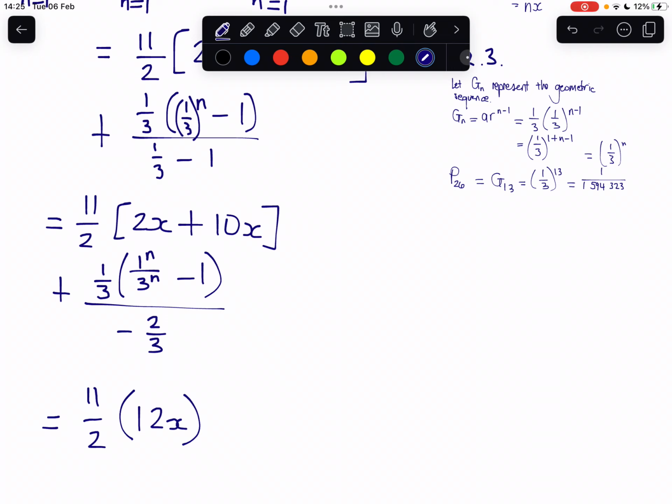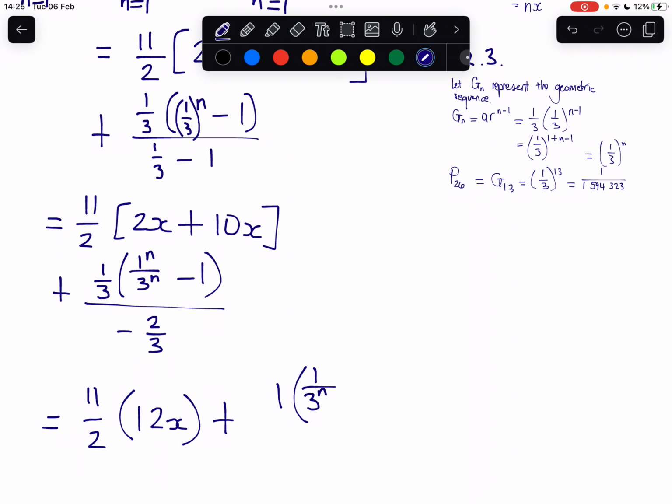And then over here, we could decide what we want to do. So we've got plus a third divided by 2/3 is the same as a half. So this is the same as 1 times 1 to the n, which is just the 1.